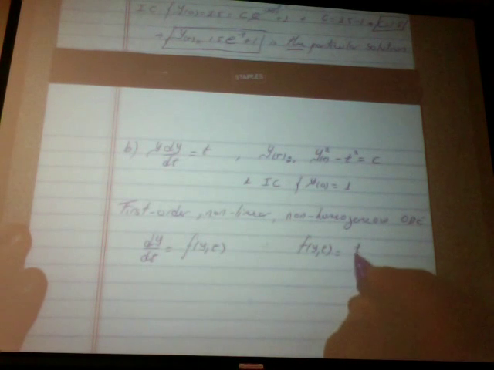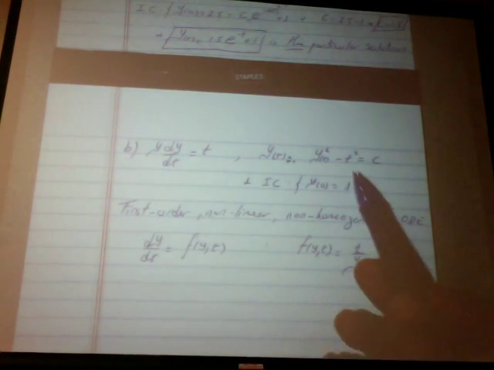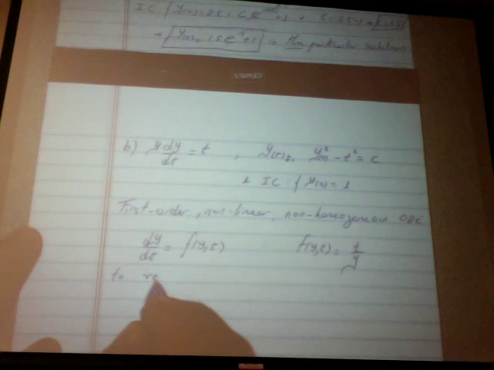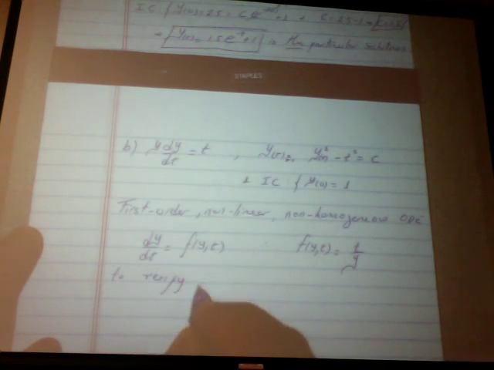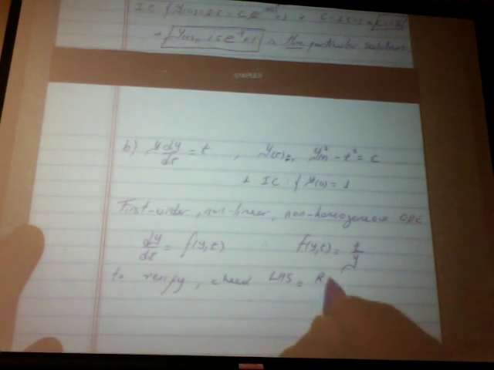Okay, t over y. All right, so now we're going to check whether this is the general solution. Again, to verify, check that the left-hand side is equal to the right-hand side.